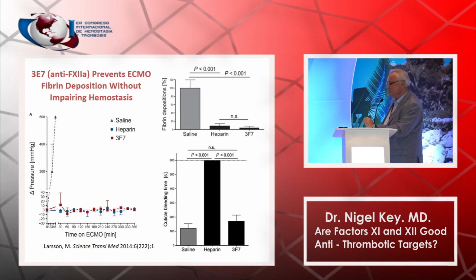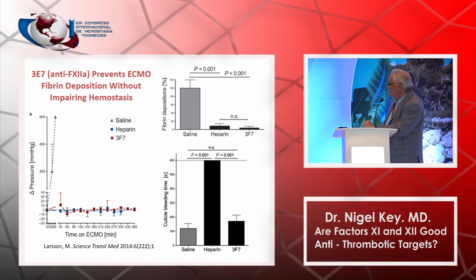But in this model, this is in baboons. This is again from Thomas Renné's group a year or two ago from Karolinska in Sweden, showing that when these animals, which typically receive high doses of heparin, receive just a saline placebo, the pressure in the system goes up very quickly, meaning that fibrin is formed. And there are pictures in this paper of fibrin formation in the system.